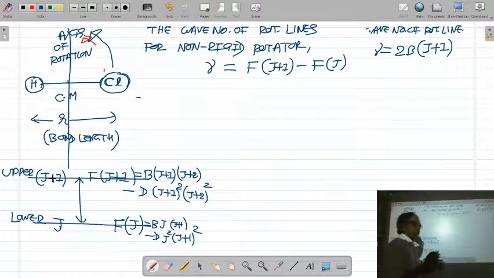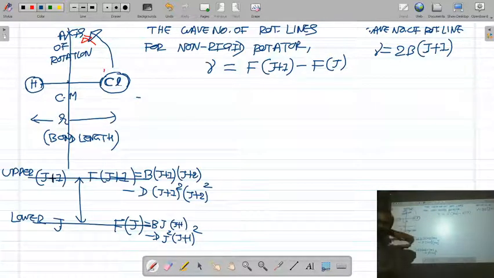The wave number of that rotational line, due to the transition of the molecule between the lower level J and the upper level J+1, is given by the difference of these two term values, F(J+1) minus F(J). That will give the wave number of the rotational line due to the transition of the molecule between the lower level J and the upper level J+1.